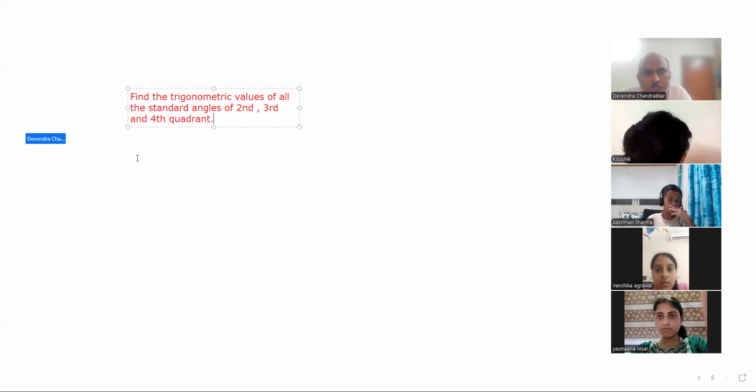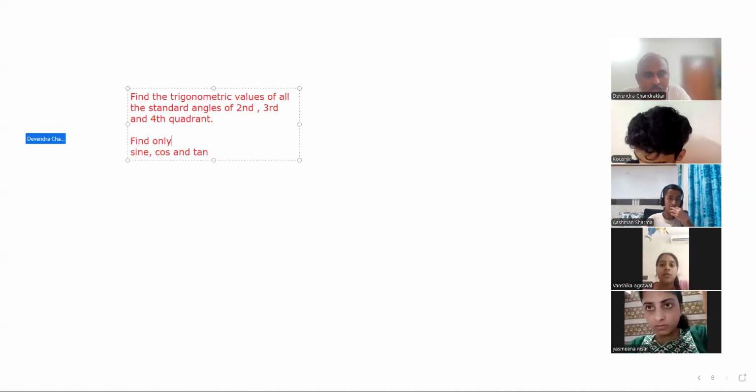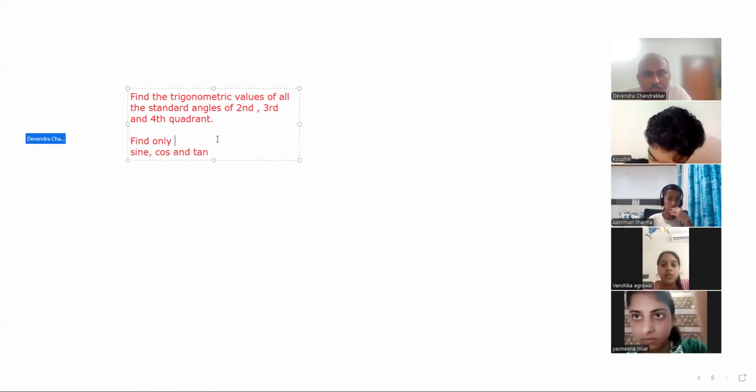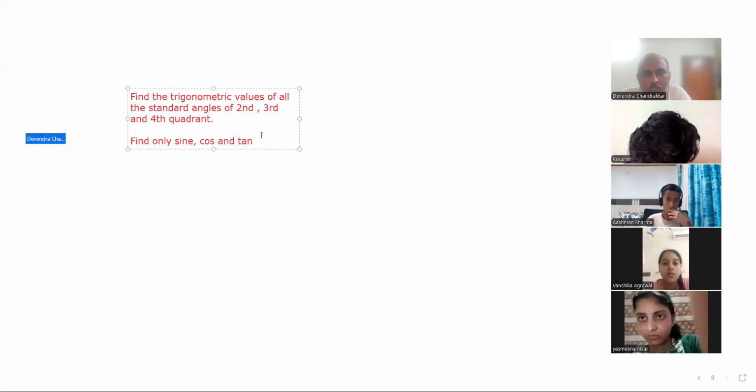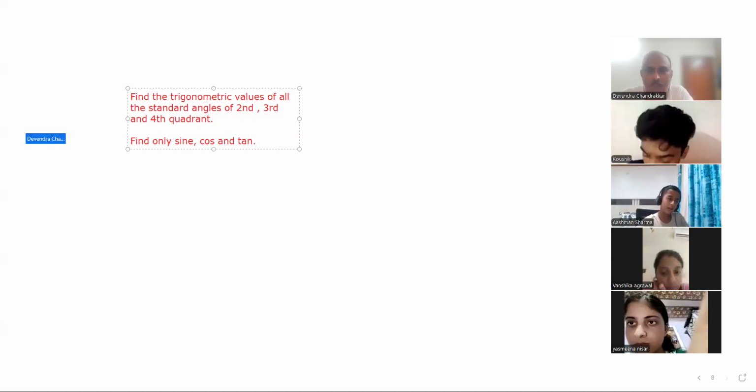By trigonometric values, I mean sine, cos, and tan only. Find only sine, cos and tan. Is it clear to everyone? Say yes or no, everyone. Yes, sir. Well done, good.